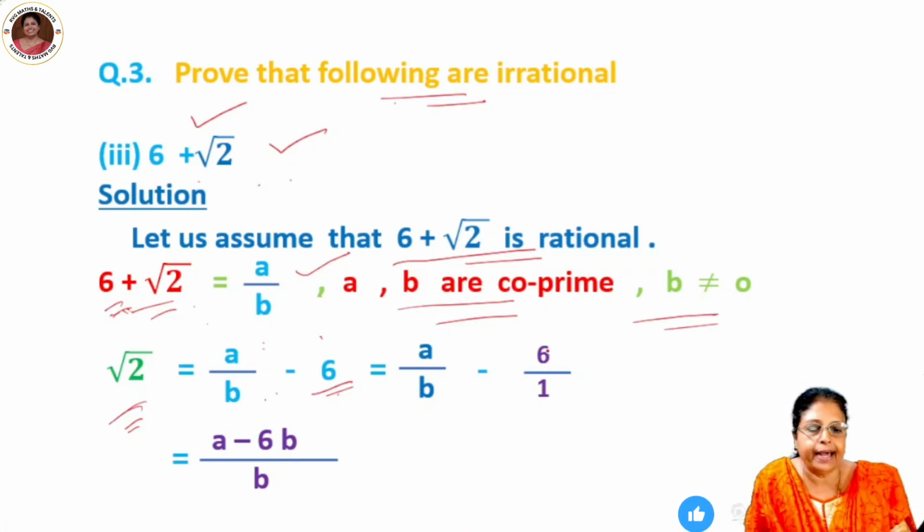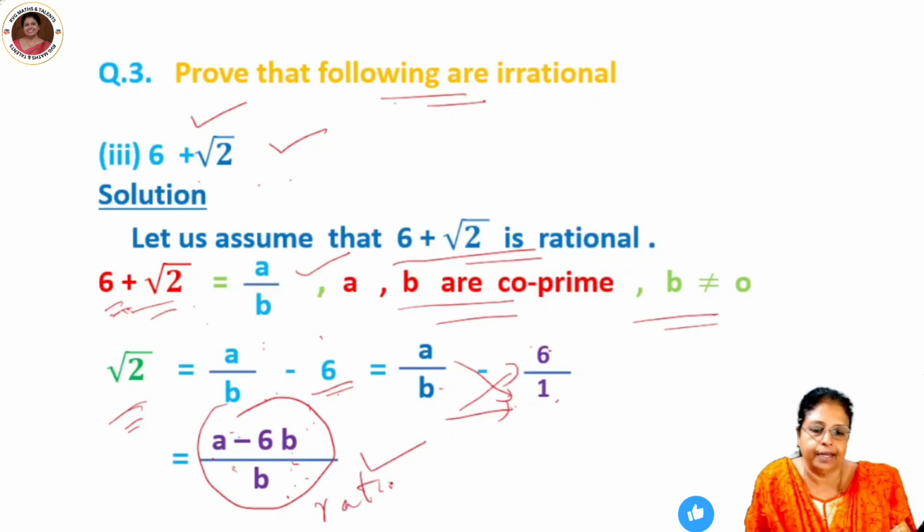This can be written as 6 upon 1. Then you can cross multiply this. Then you can write a minus 6b upon b. Here a and b are integers. So we can say a minus 6b upon b is rational. But what about root 2? It is irrational.